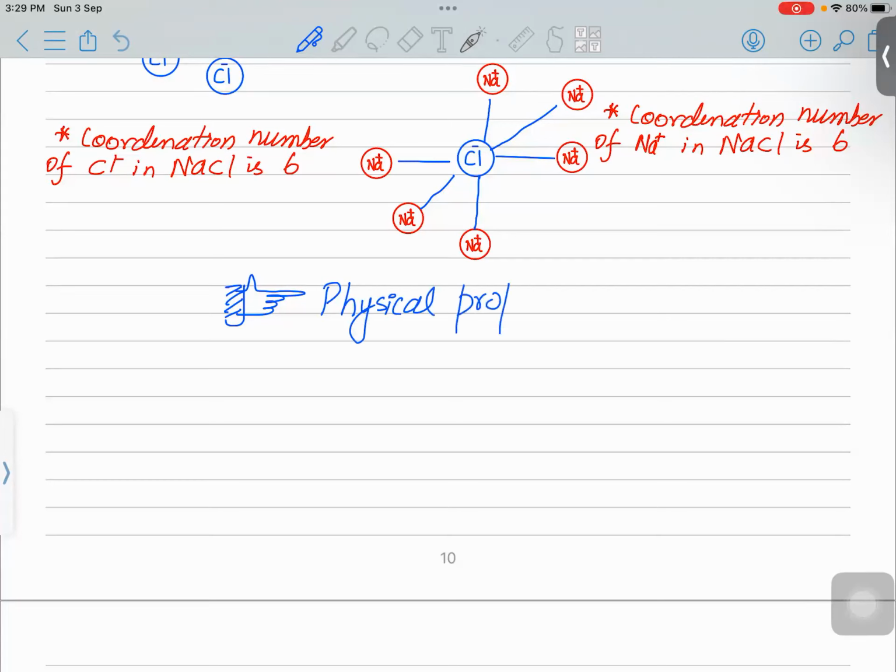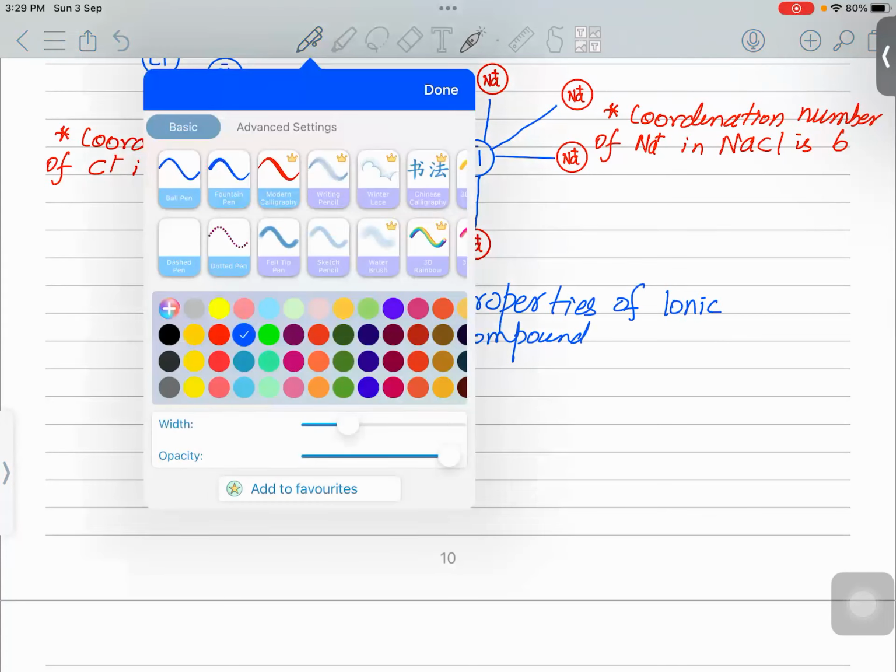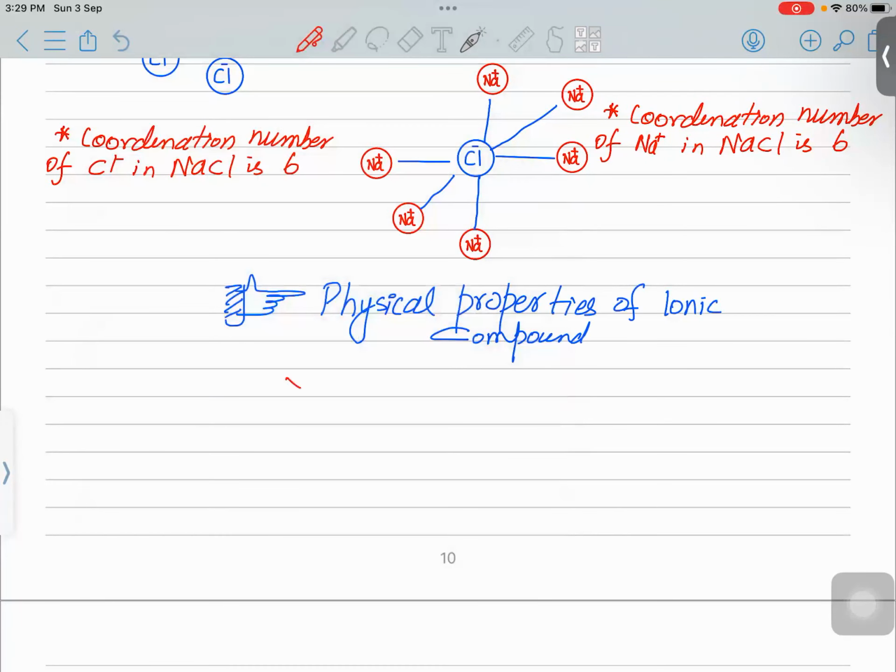First heading: ionic compounds are brittle.